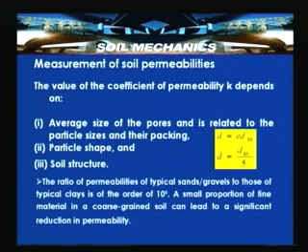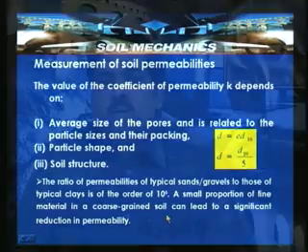So, 1,000,000 times the difference can be there. A small proportion of fine material in a coarse grained soil can lead to a significant reduction in the permeability. So, a small proportion of fine material or fines content can influence the coarse grained soil in reducing the permeability.